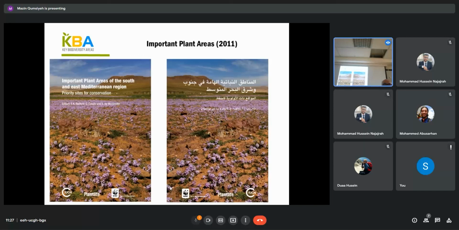It was before the official KBA standard, but we used a more or less similar standard. It was the important plant areas, and we made an attempt to define important plant areas in the South and East Mediterranean region. The book was published in English, in French, and in Arabic. You can download it easily somewhere.